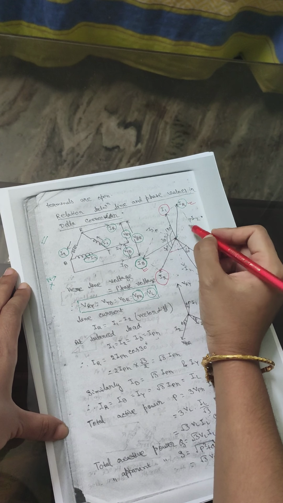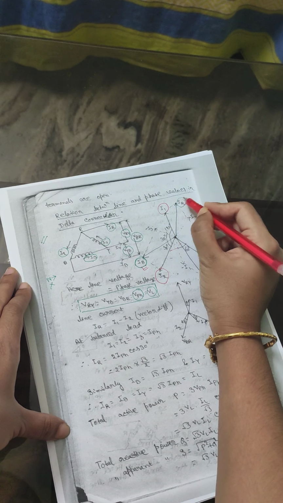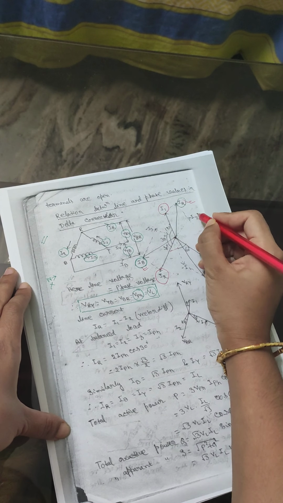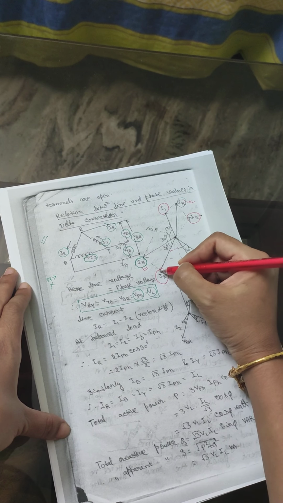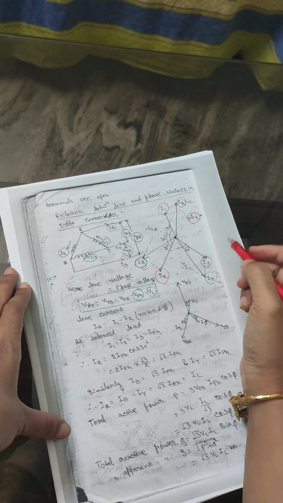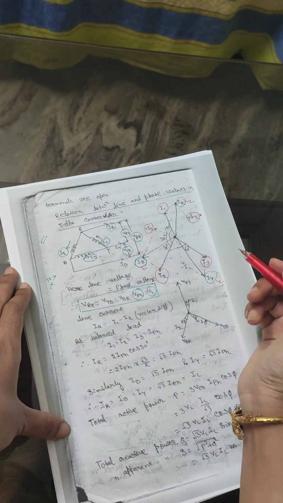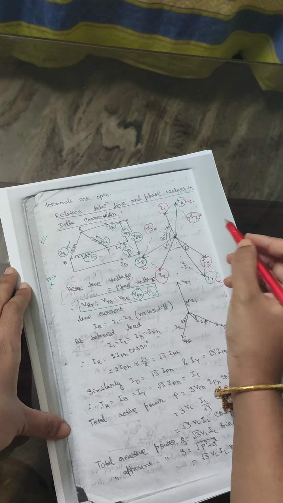From that phasor diagram we can see that IR is the vector summation of I1 plus or minus I2. Same thing, if we extend that I2 line in the opposite direction, it will be minus I2. Here I3 in the opposite direction will be minus I3. When we extend I2 and I3, we get this.